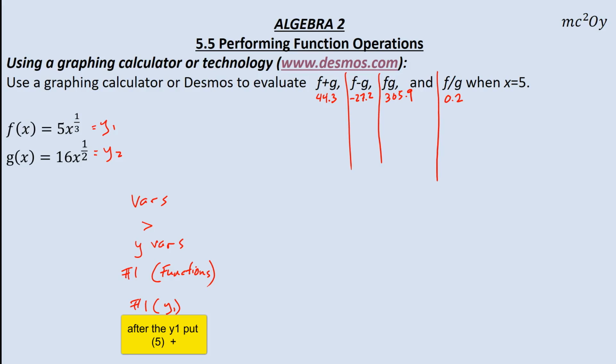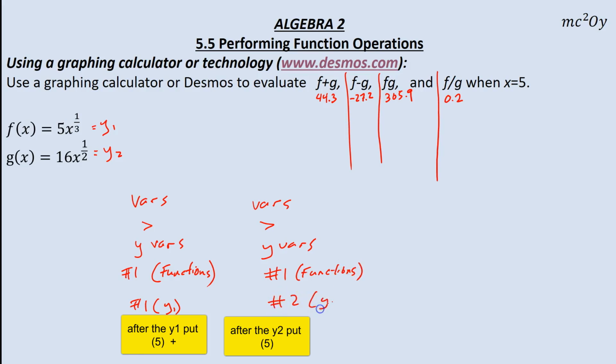Then you hit plus, minus, multiply, or divide, whatever operation. Let's say we want to add them. Then you have to do these steps again: go back to VARS, arrow over, select Y-VARS, select option 1 functions, and then select option 2, which is y sub 2.